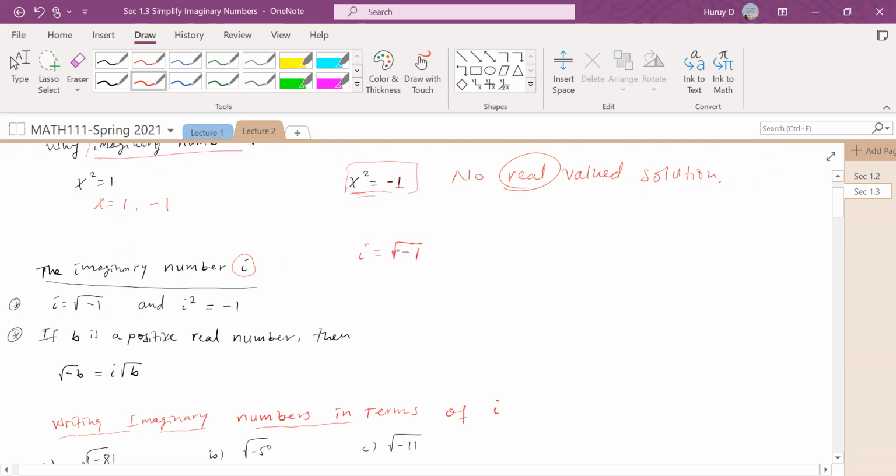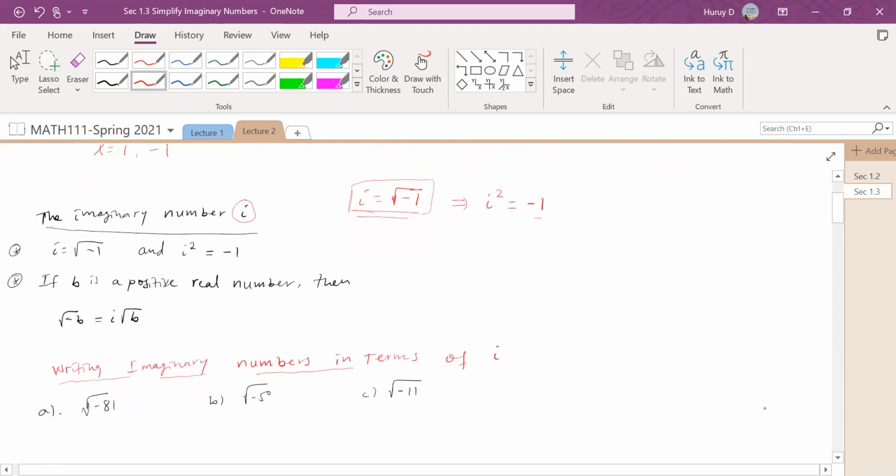So i equals root -1, and if we square both sides, then i squared is -1. This is how it starts. This is the building block of an imaginary number or a complex number, and this is an imaginary number itself.